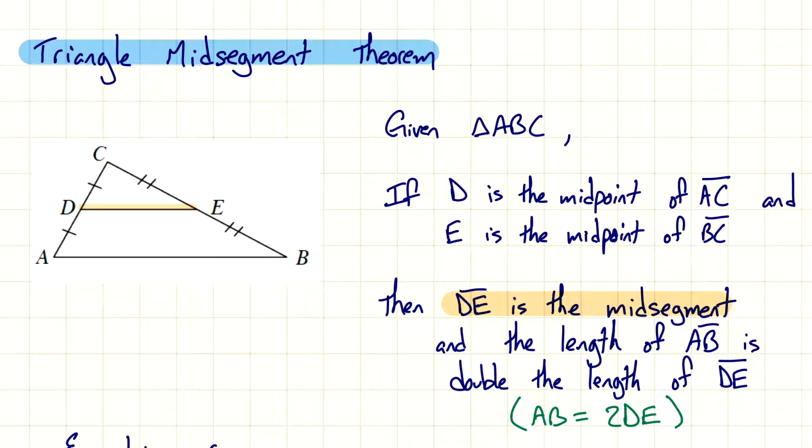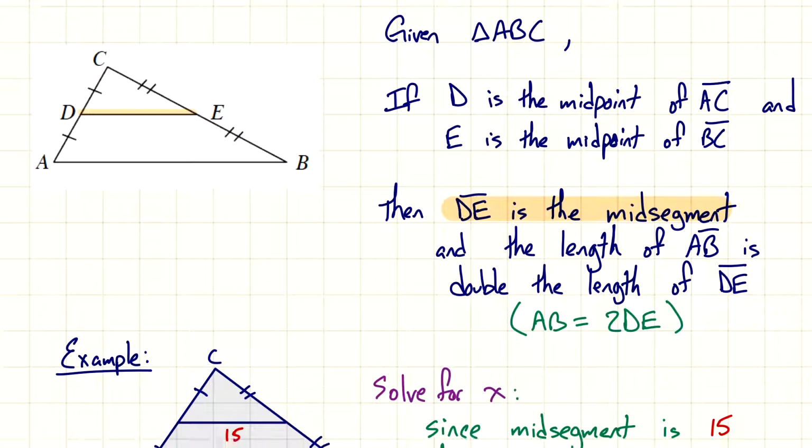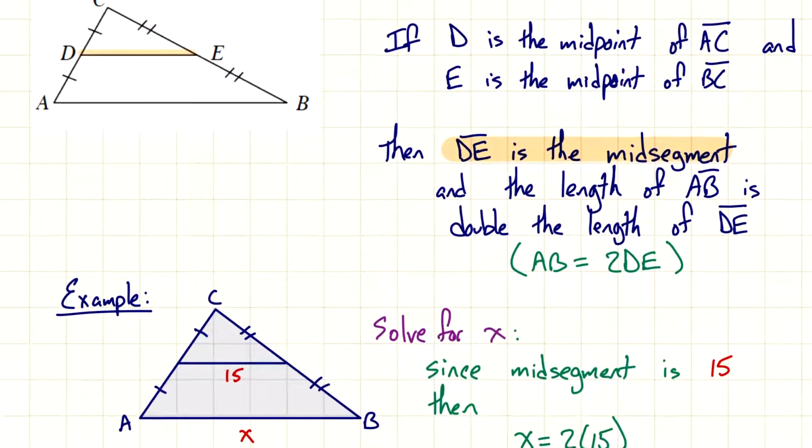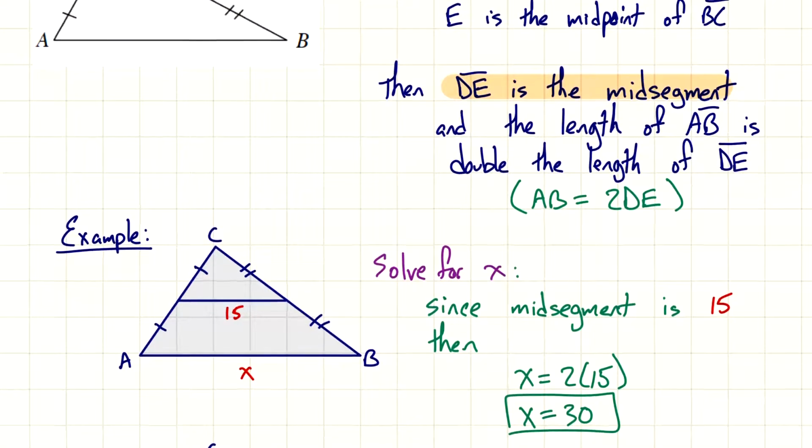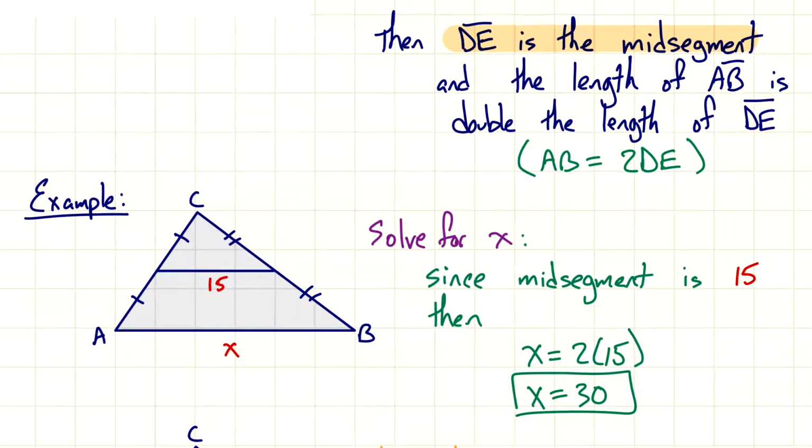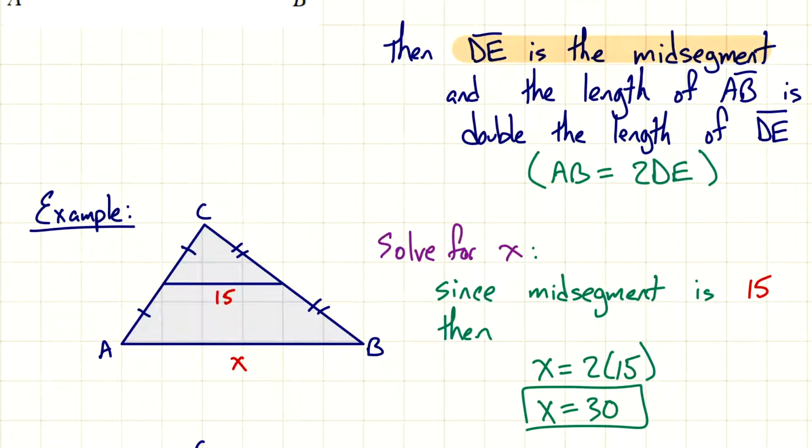All right, so let's look at an example I have drawn out for us. If you were still confused, this is pretty much the same picture as above. I've just added in the numbers like I just finished doing with you. If you're given directions to solve for x, your first task is really to check whether you have a midsegment.